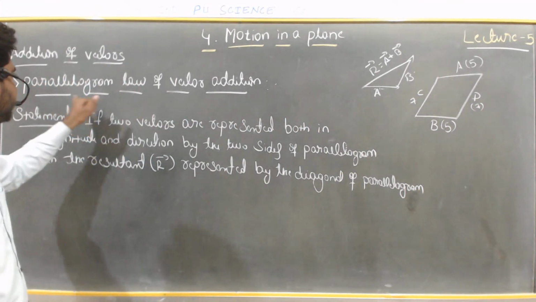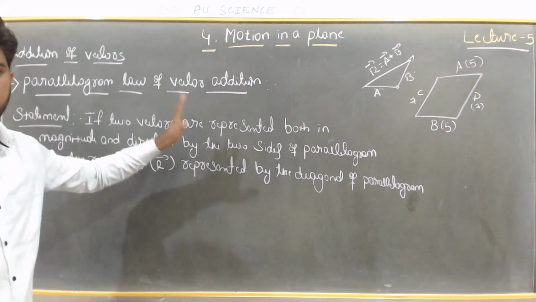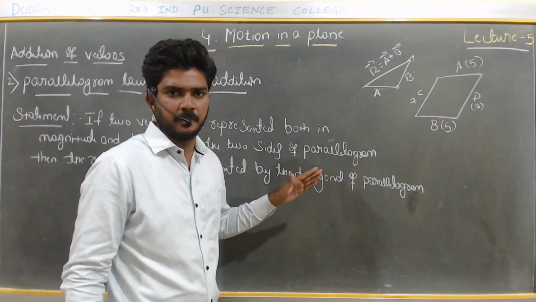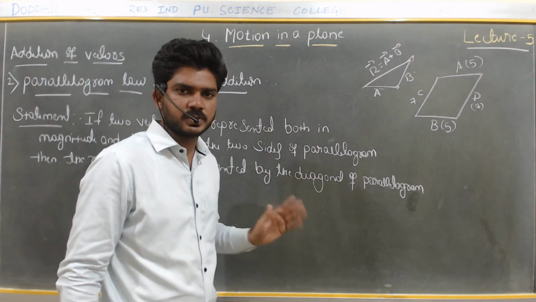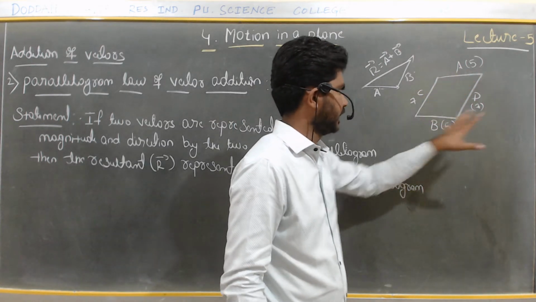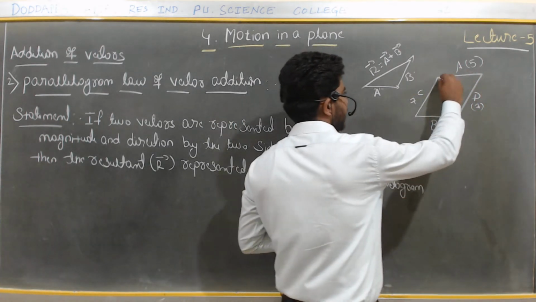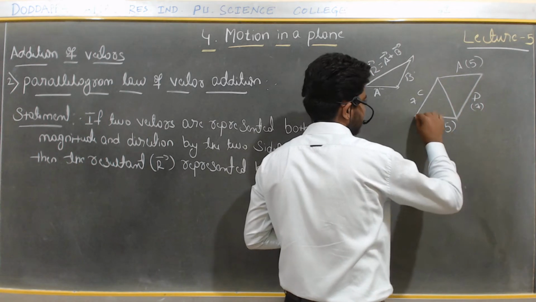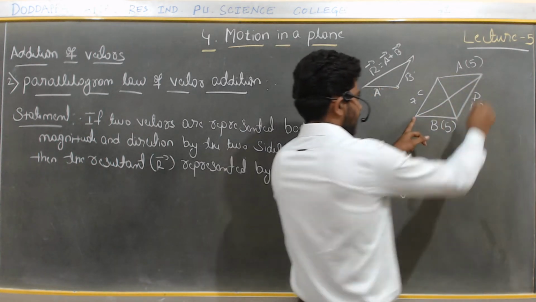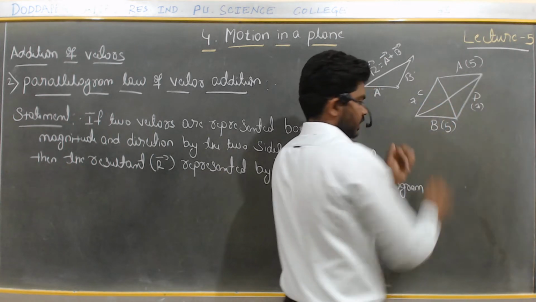See, the name itself indicates the parallelogram law of vector addition. It means the vectors should form the structure of a parallelogram, and that is what we are going to study here. So the parallelogram structure will be like this. In that, there are diagonals. Diagonals means a straight line, right? A straight line which joins two corners.